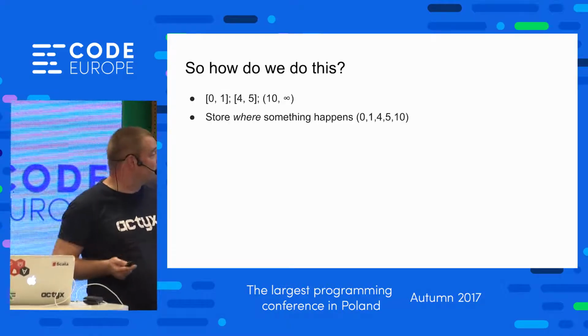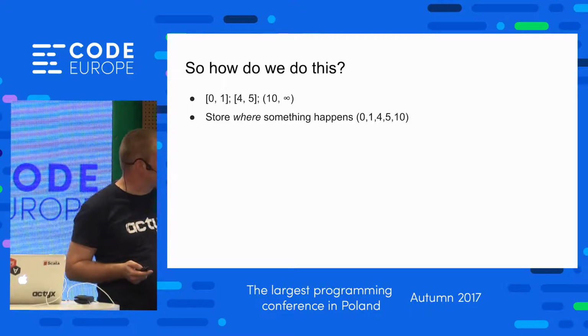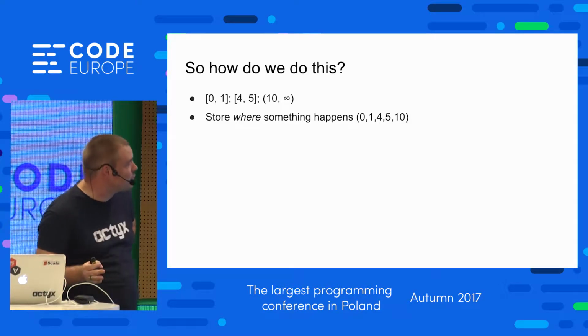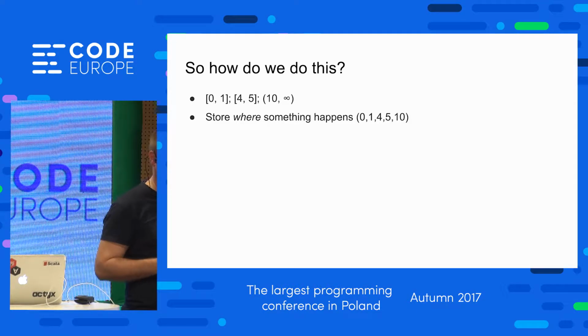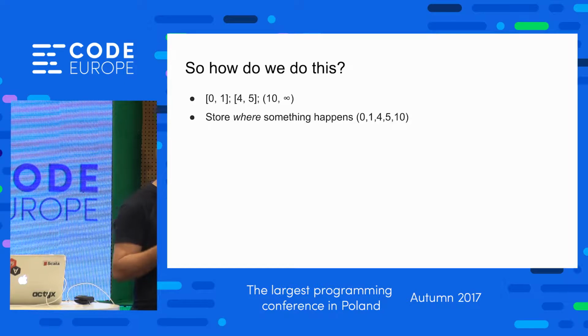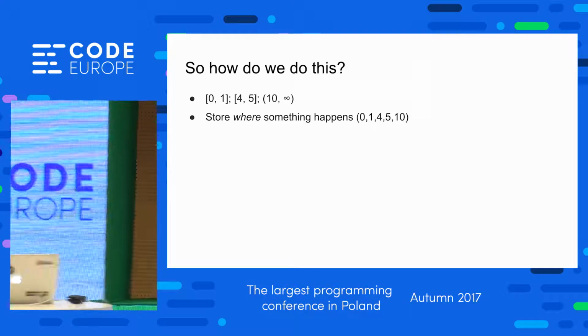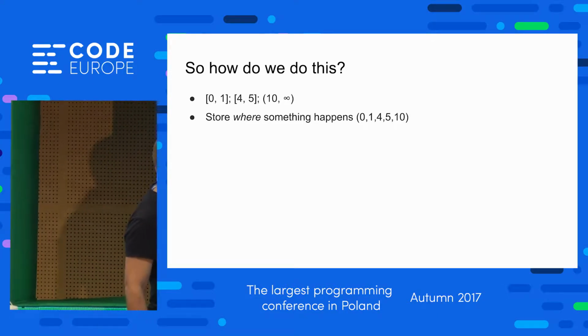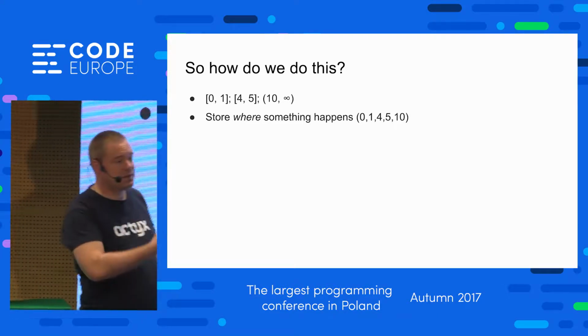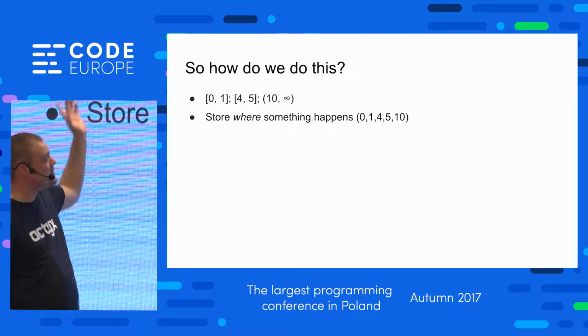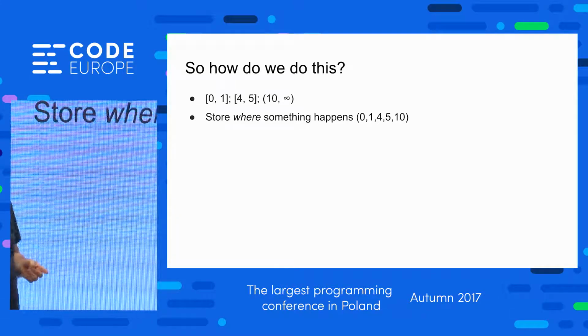Well, the simplest thing you could do is, let's first take a look at what we need to store. It's completely obvious that we need to store the places where something happens. So we need to store these numbers somewhere. It might be a different data type, then it would be different numbers, but these numbers need to go somewhere. There's no way around it.